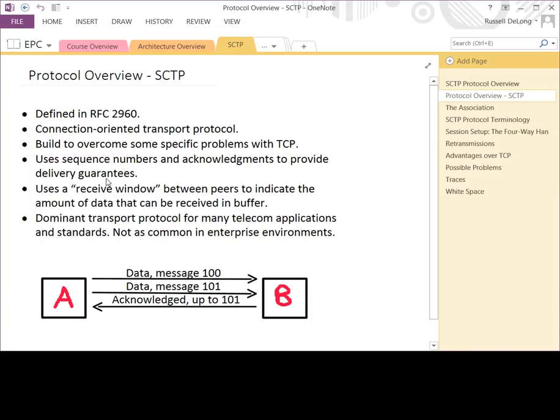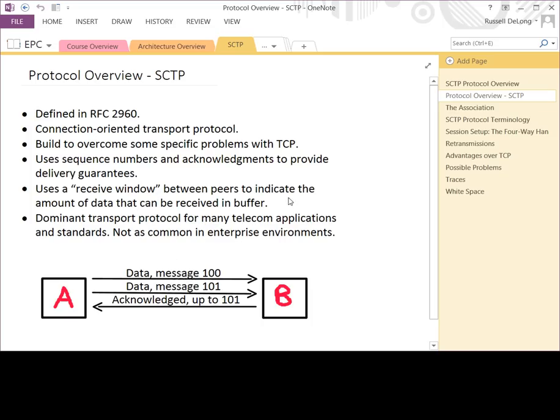So that's what I mean when I say it uses sequence numbers and acknowledgement numbers to provide delivery guarantees. A is saying I'm sending 100, 101, and you make sure that the other side confirms receipt of those messages for a guaranteed delivery.